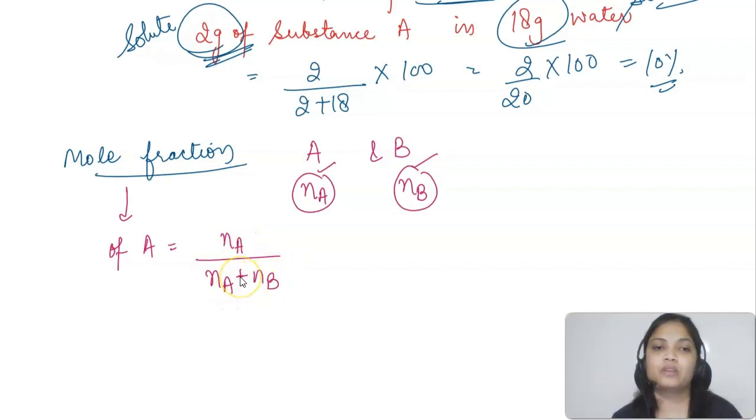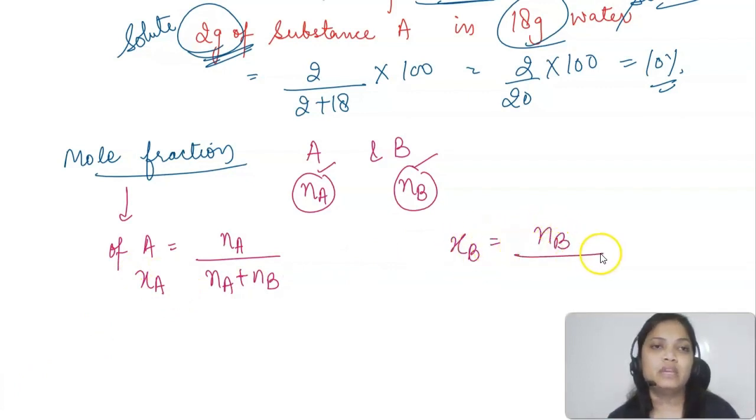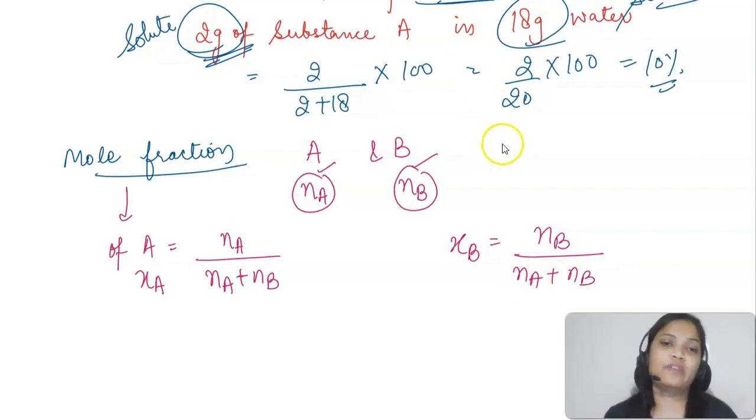Okay. So whatever component you are taking, divide by the total number of moles, you will get the mole fraction. You will denote it by XA. Similarly for B, the mole fraction would be number of moles of component B divided by the total number of moles. Okay. So this is something which we call mole fraction.